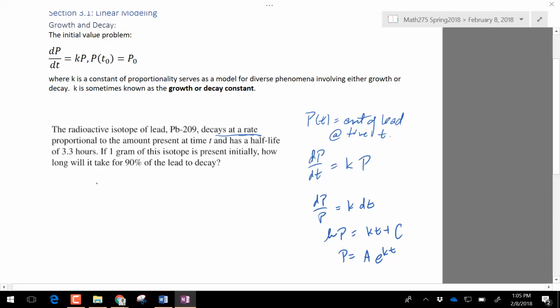So let's say A was the original amount. It's equal to 1, but let's just say the original amount. And then half of A is what's left after the half-life, and this is supposed to be equal to the amount times e to the kt at 3.3 hours.